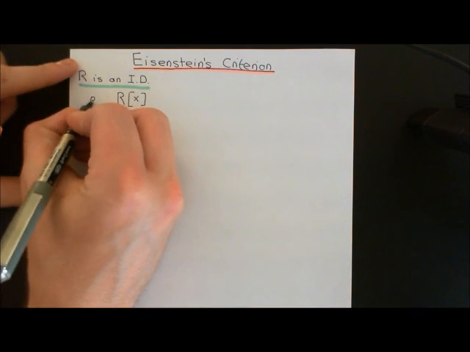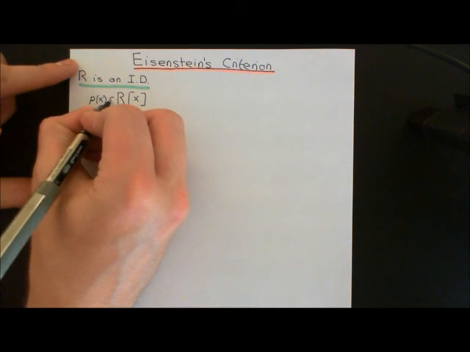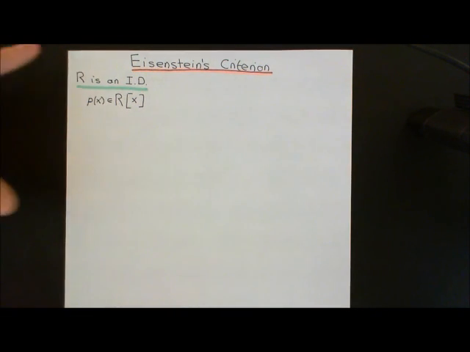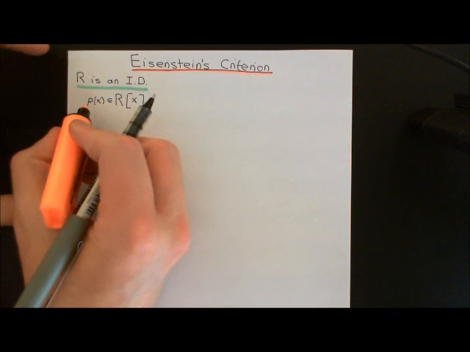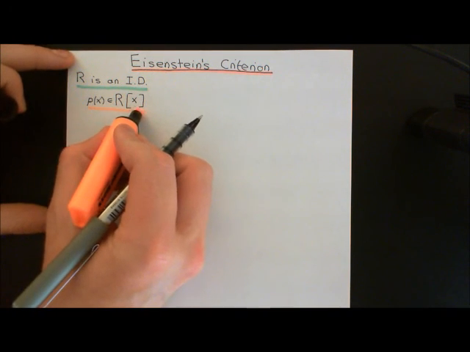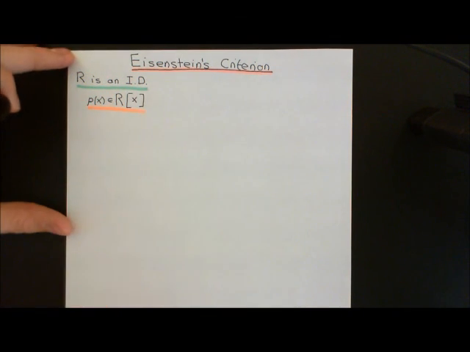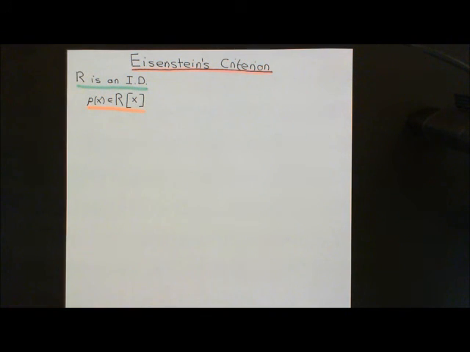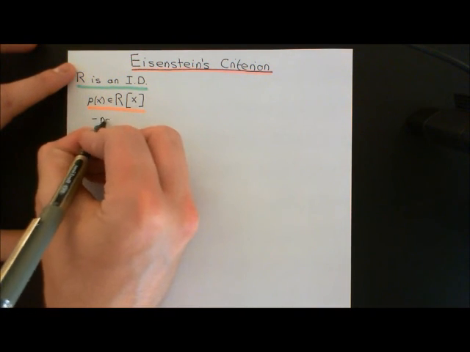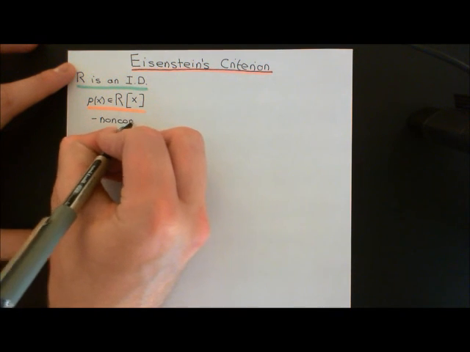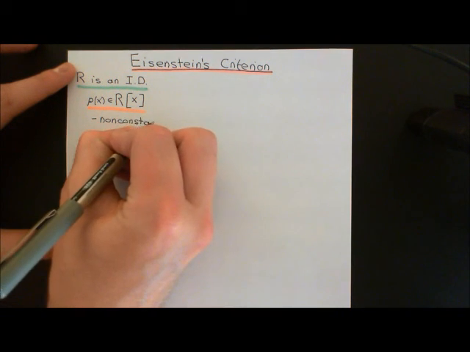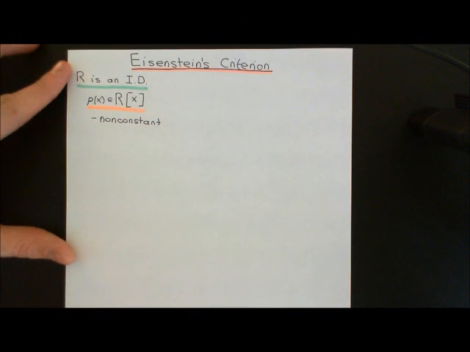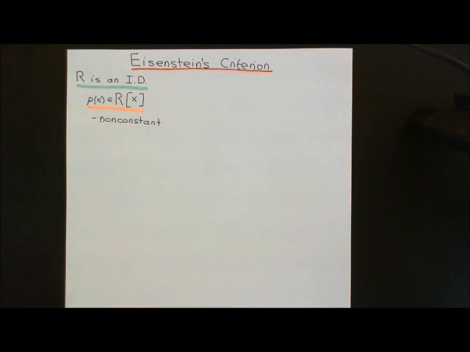Let's say we have P of X, an element of the ring of polynomials over the integral domain. In order for us to apply Eisenstein's criterion to it, P of X has to be rather special. The first thing is that it needs to be non-constant. We don't want it to be a constant polynomial. We want at least one of the coefficients in front of a power of x to be non-zero.